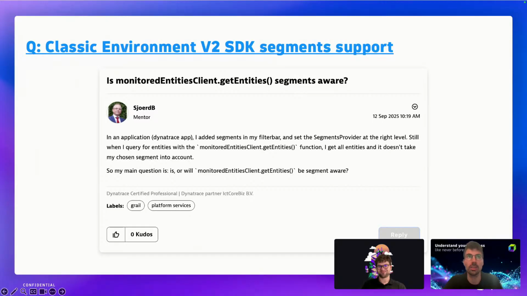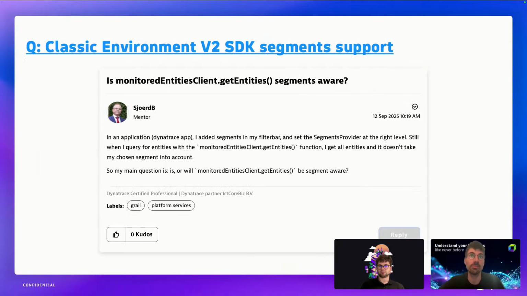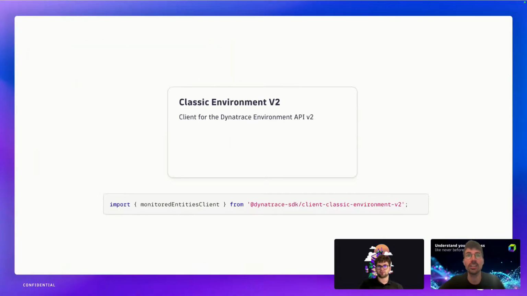Great. Okay. So Sjord is asking whether monitor entities client is segment aware. So far, I would say that it's a valid question, but monitor entities client comes from the classic environment V2 SDK.